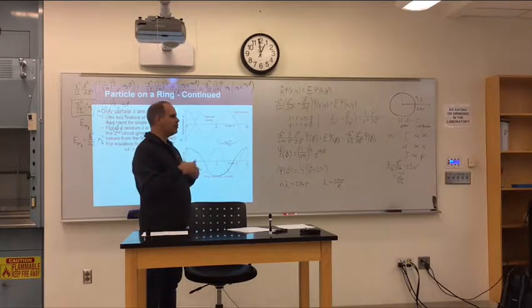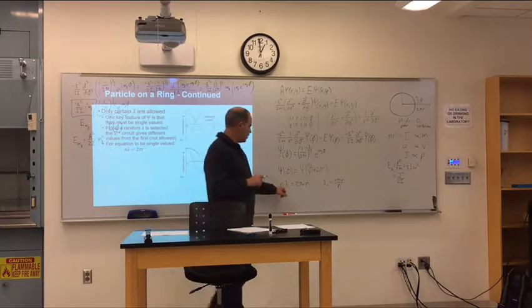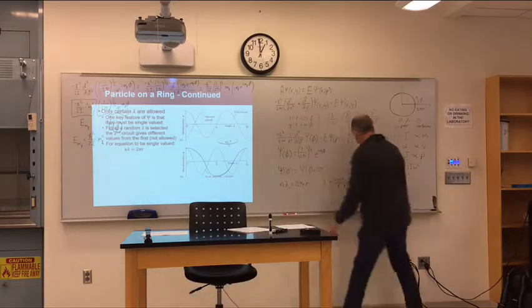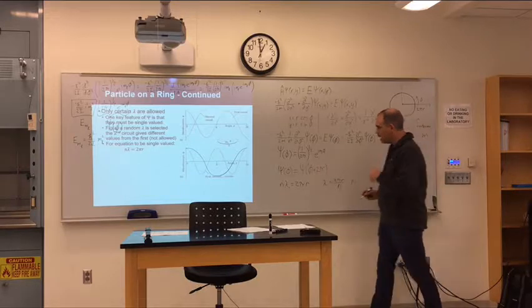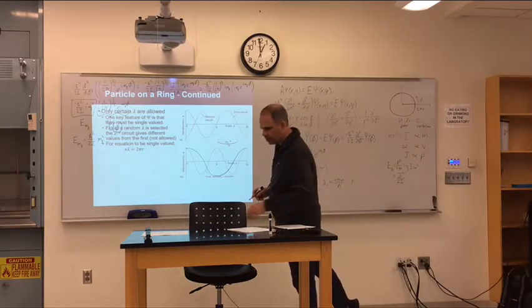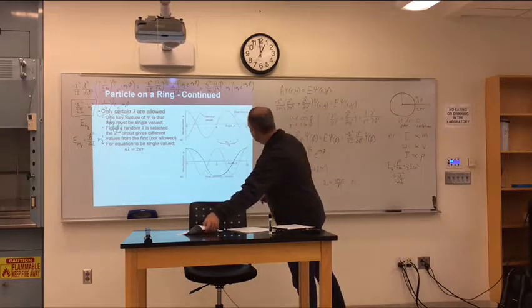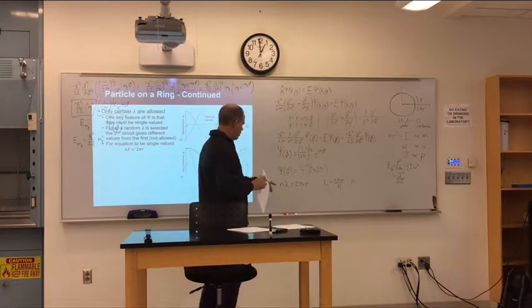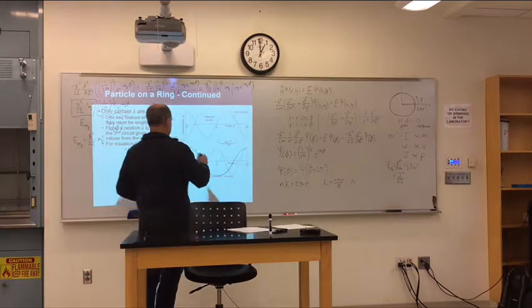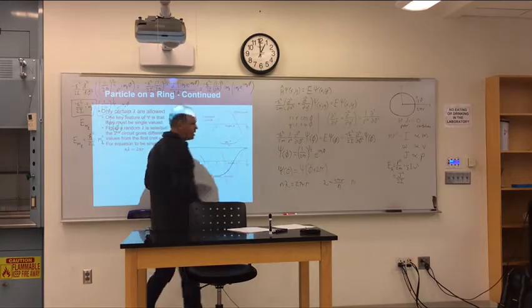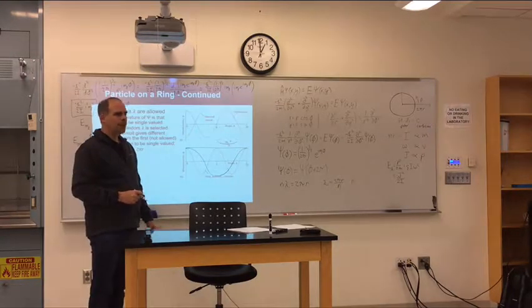So there's a whole bunch of different values, but the point here is that you could have a value of 0 that still works out. Right, so if this is 0, looks like that, it still matches up, right?